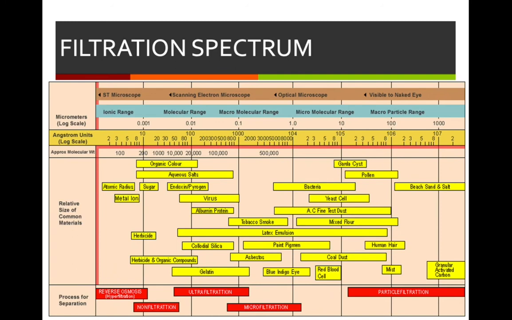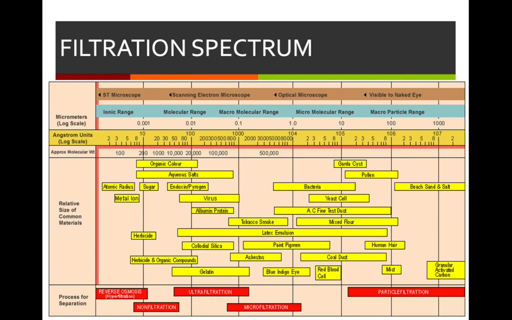So particle filtration, if you look from the right side, can remove human hair, granular activated carbon, beach sand and salt, up to a bigger size of yeast cell.